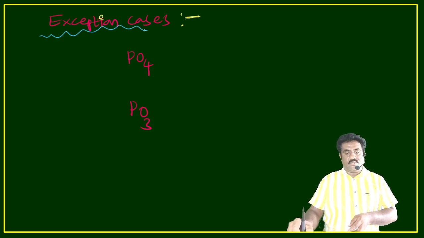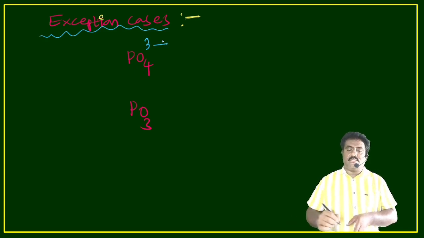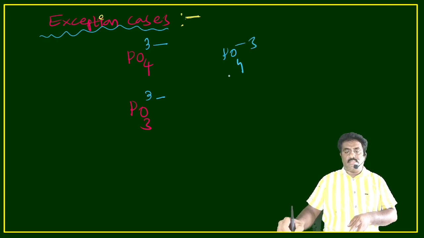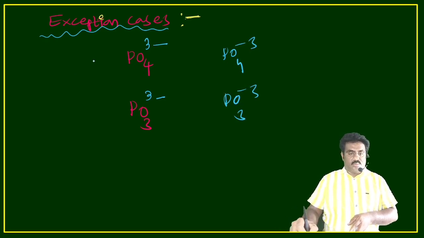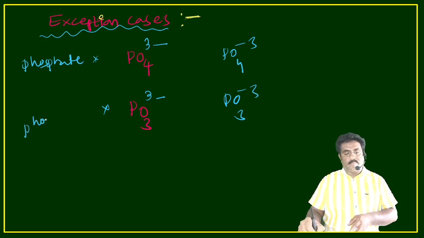Look at these exception cases. What are the exceptions? Phosphate, PO4. What is the charge? It is 3 minus. PO3 is also 3 minus. So PO4 minus 3, PO3 minus 3. Remember, phosphate and phosphite are the exception cases.